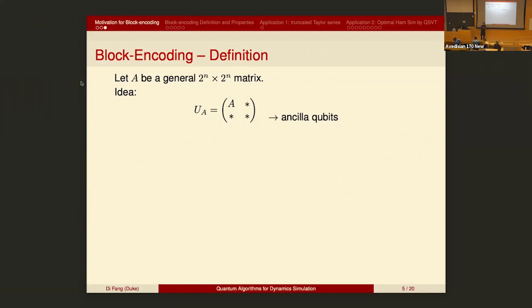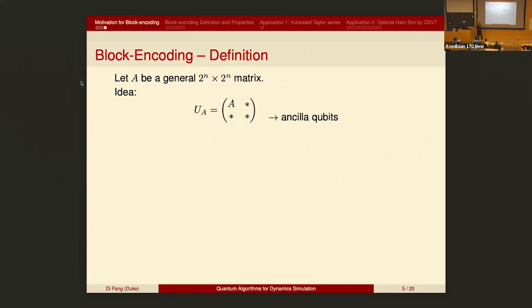Does that make sense? So I'm going to dilate the system and add a number of ancillas to make the dimension larger. I make it a unitary, and A, the interesting non-unitary matrix that we want to implement, is in the top left corner. This is ideal.